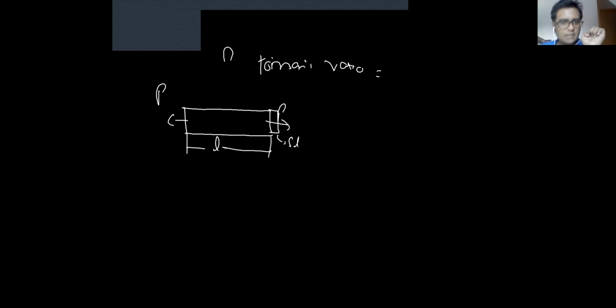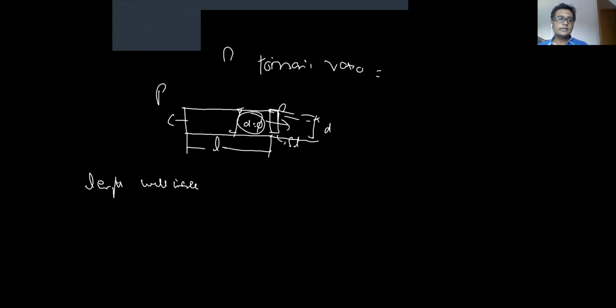The length will increase along with the decrease in the diameter. Yes, this rod has got an initial diameter, say D. So the diameter will also get decreased, right? Means the length will increase and the diameter will decrease.